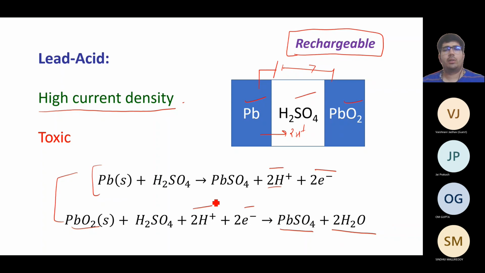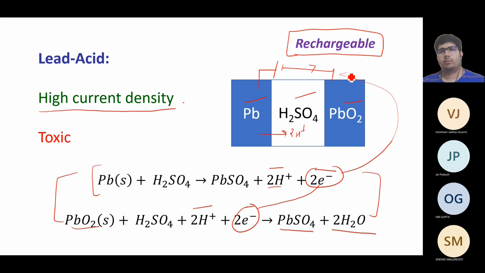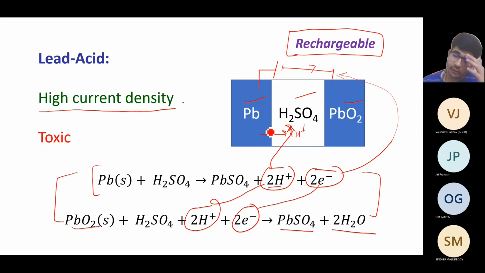These are the reactions. The electrons flow through the external circuit, and the ions flow through the electrolyte. In this way the electrochemical reactions are happening and we are getting the current.